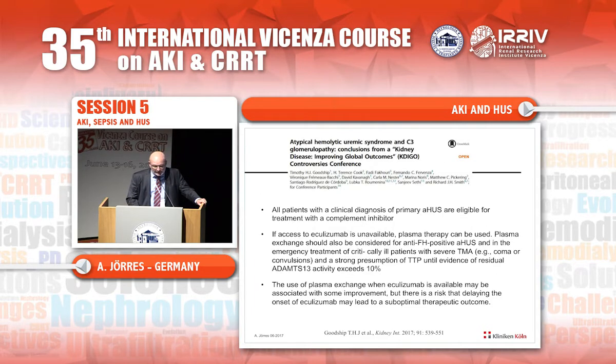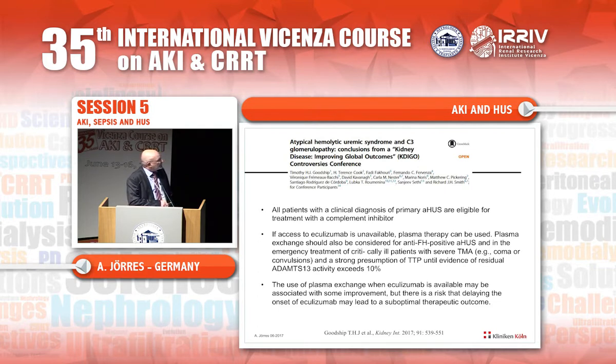And recently there was a KDIGO controversies conference that was just published a couple of weeks ago in Kidney International. And the conclusion is basically that all patients with a clinical diagnosis of primary atypical HUS are eligible for treatment with a complement inhibitor. You can use plasma therapy if the antibody is unavailable.